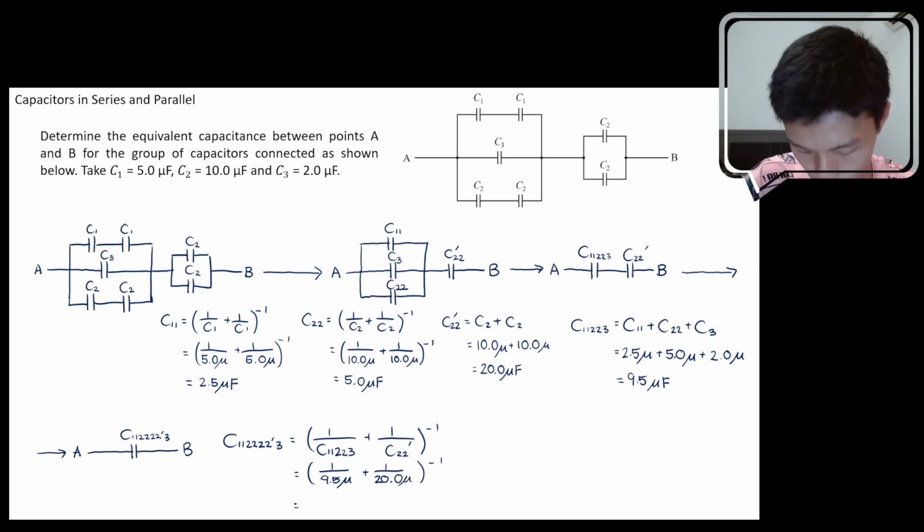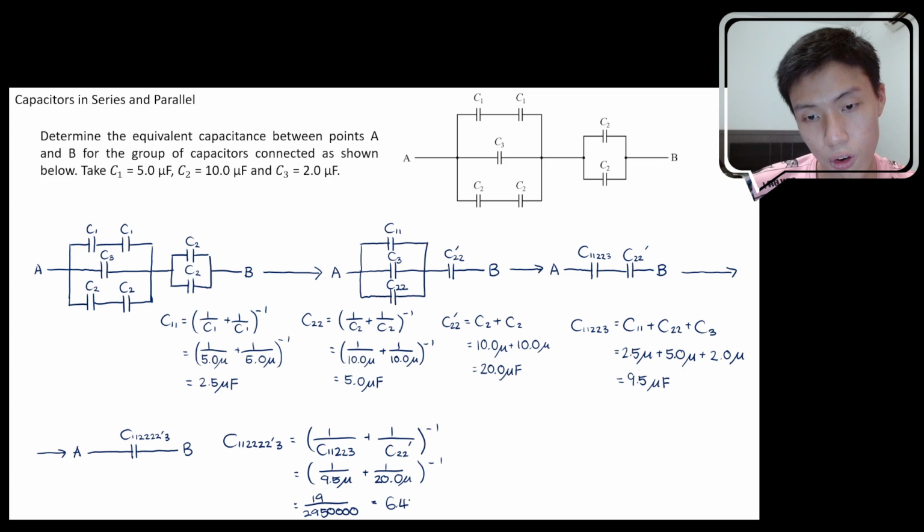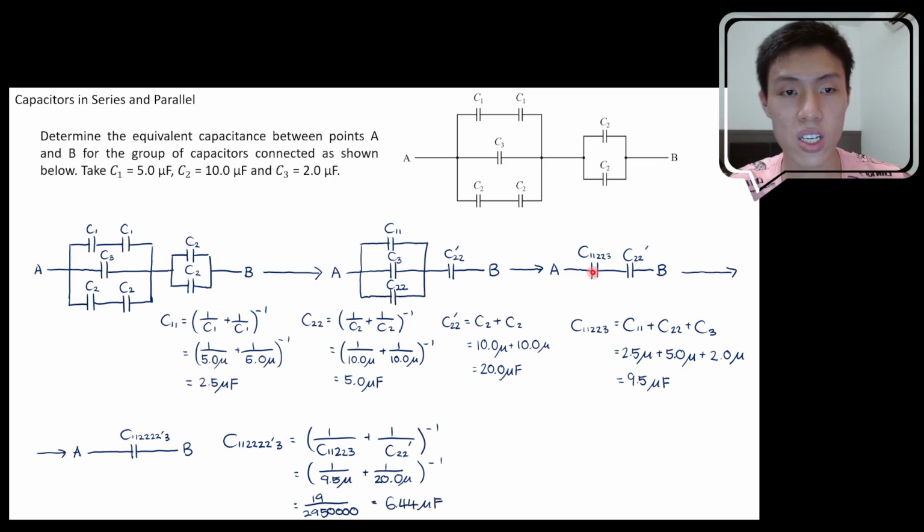If you perform your calculation, you get a fraction which is 190 over 295, which you convert to decimal, it will be 6.44 microfarad. So this is us merging C11223 and C22 prime together to get C112222 prime 3.